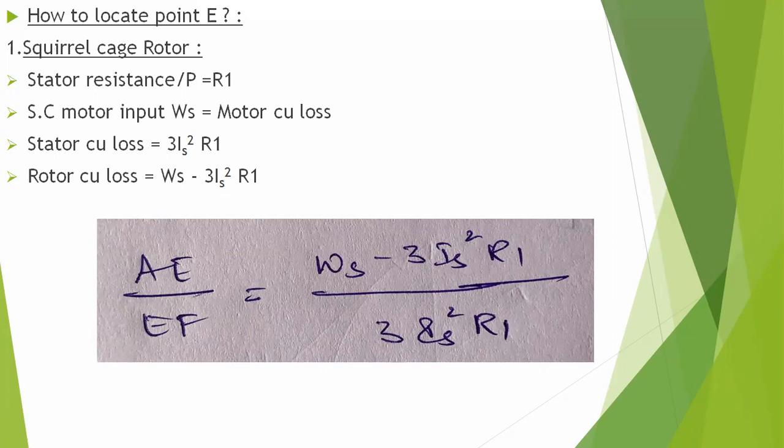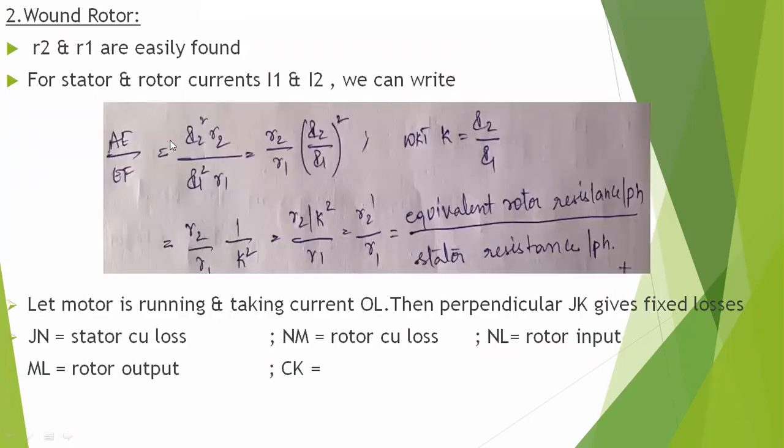Now we will see the procedure for slip ring rotor. So here, wound rotor or slip ring rotor. In this case, rotor and stator resistances per phase are R2 and R1. This is the rotor resistance R2 and stator resistance R1.